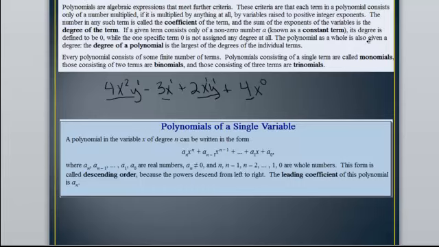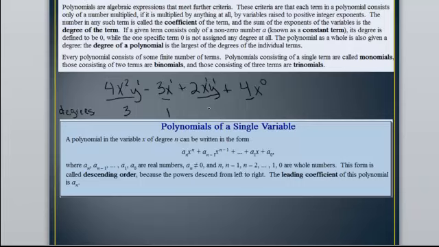The polynomial as a whole is also given a degree. The degree of the polynomial is the largest of the degrees of the individual terms. Okay, let's talk about these degrees of the terms again. The degree of the first term is 3. The degree of the second term is 1.